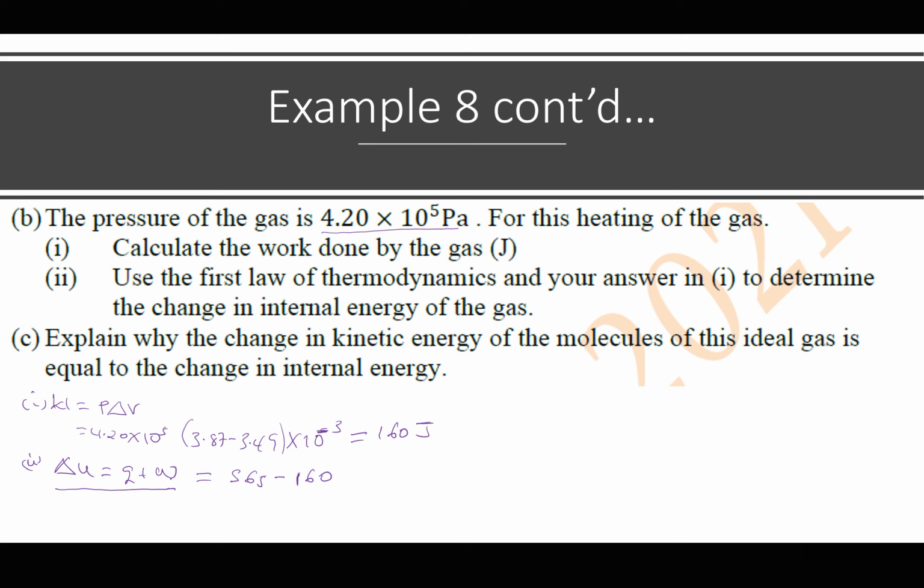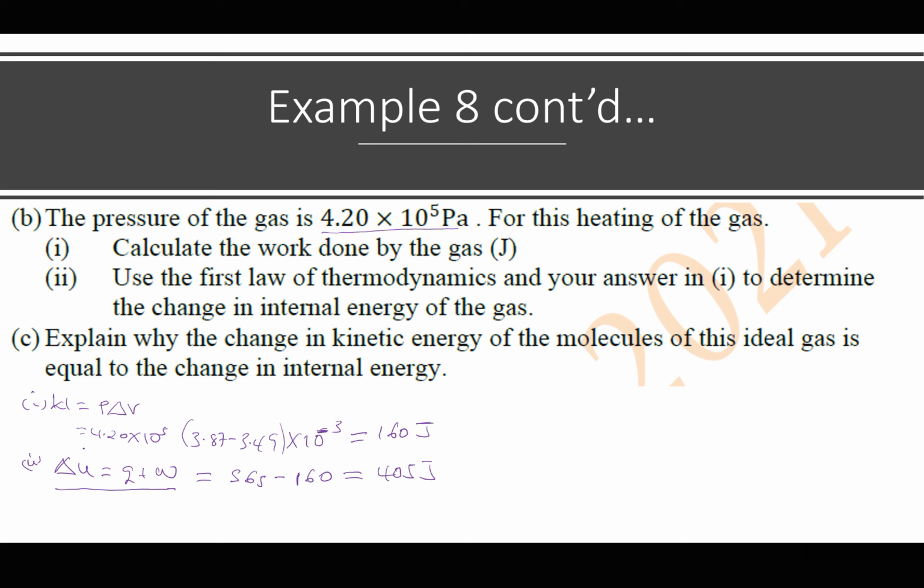But since the work is done by the system because it's expanding, W is negative. Now this gives us a change in internal energy of 406.5 joules. And if the change in internal energy is a positive value, then this is an increase in internal energy. If it was negative, then we would call it a decrease in internal energy. You will see those sign conventions later on in detail.